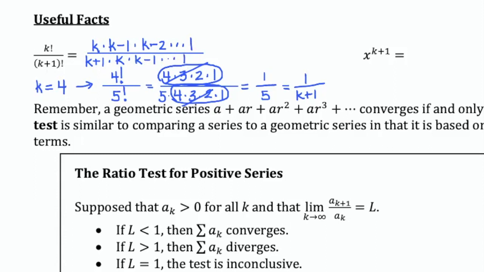It will always be the case that the factorial in the numerator, all those terms, will be contained in the denominator, allowing us to cancel them out. So this is the same as 1 over k plus 1. That's the first fact you're going to want to know.